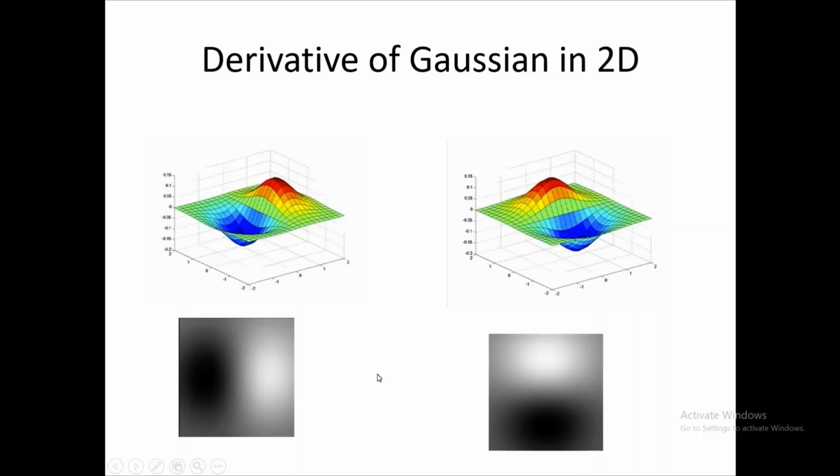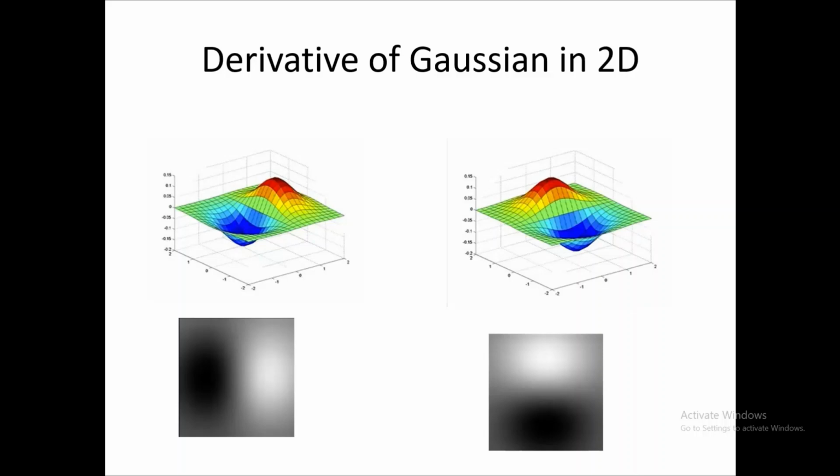The values above 0 are shown in lighter gray, and the values below 0, the negative values, are shown in black. It's the same in the y direction. This is how we get the derivative of the Gaussian in 2D.